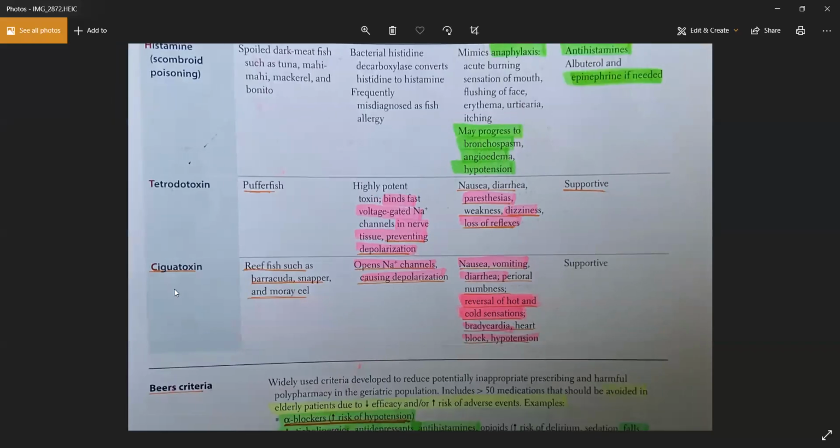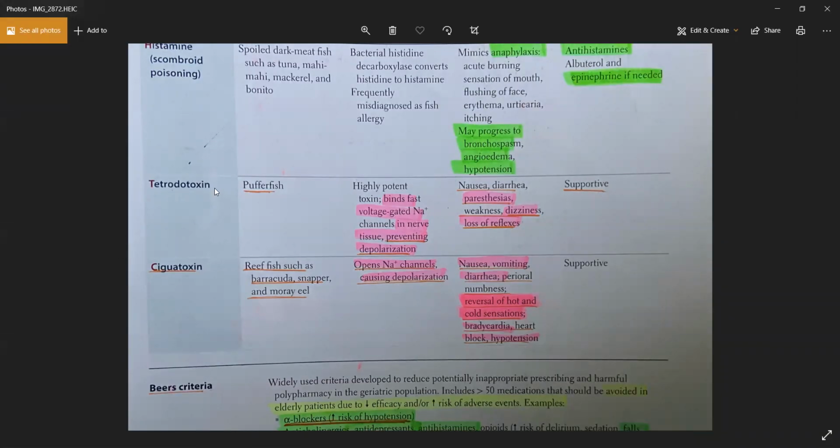Then comes the ciguatoxin. Ciguatoxin actually opens the sodium channels too much. So ultimately you will get the paralysis, but the hyperreflexia. Very important, you will get the paralysis but the hyperreflexia in this case because of too much activation of the sodium channels. You will have a reversal of the hot and the cold symptoms. You will get the numbness, diarrhea, nausea, vomiting. Every symptom is the same, but you will get the hyperreflexia in case of ciguatoxin.